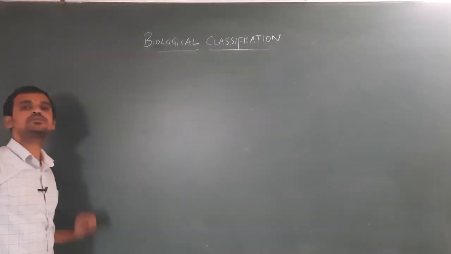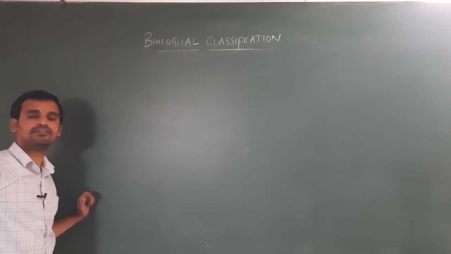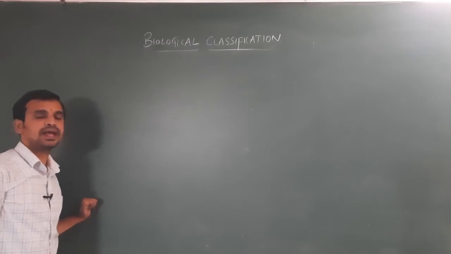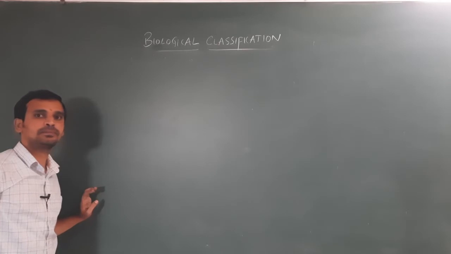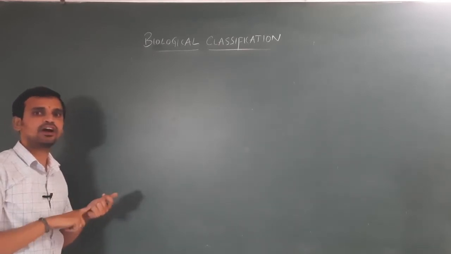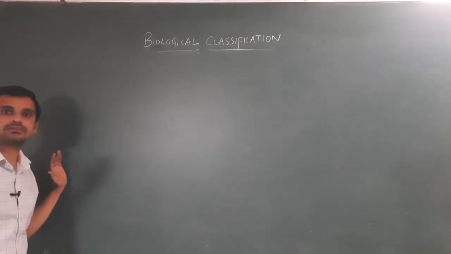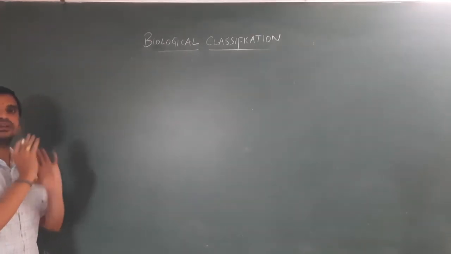The 5 kingdoms proposed by R.H. Whittaker are Kingdom Monera, Kingdom Protista, Kingdom Fungi or Kingdom Mycota, Kingdom Plantae and Animalia. These are the 5 kingdoms, and now we are going to discuss what are the different organisms which fall into each particular kingdom.